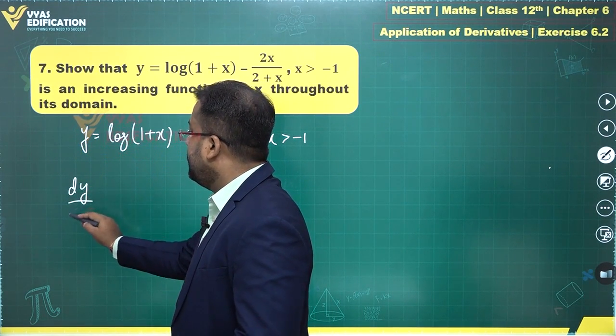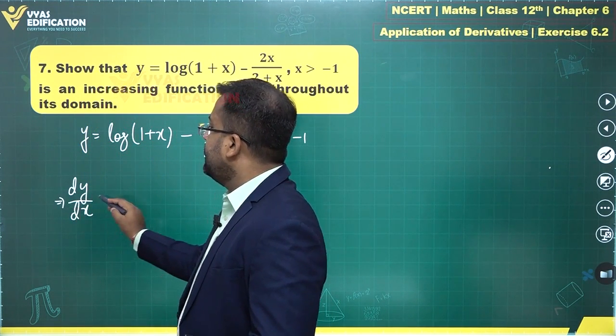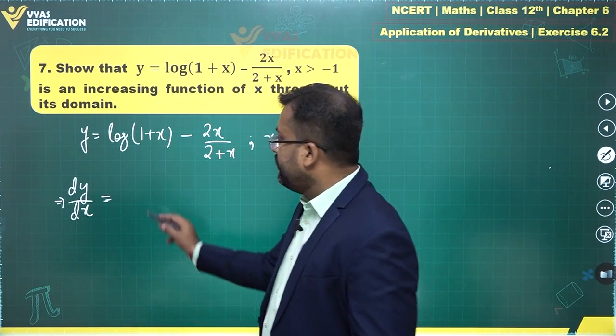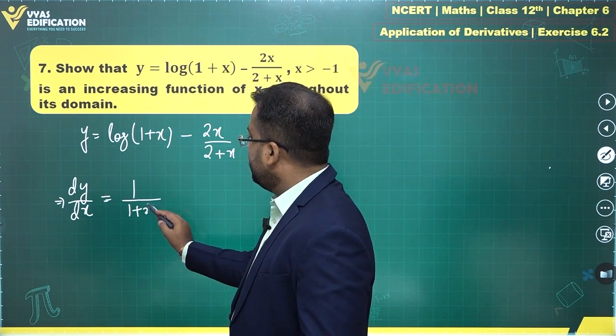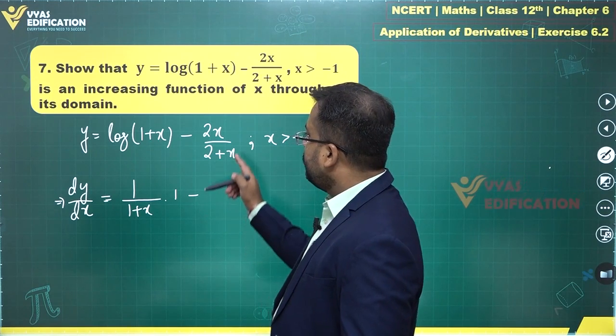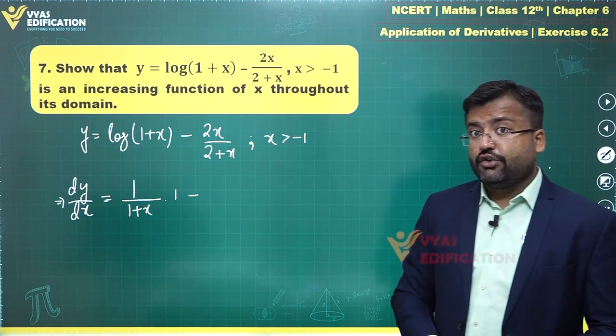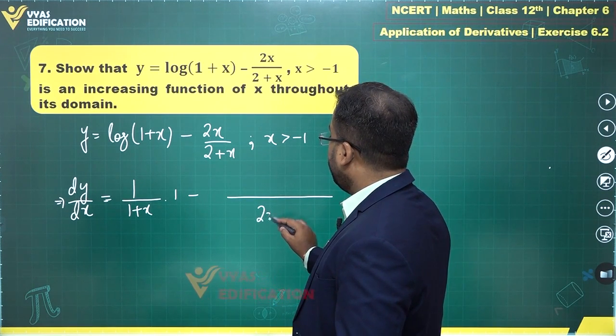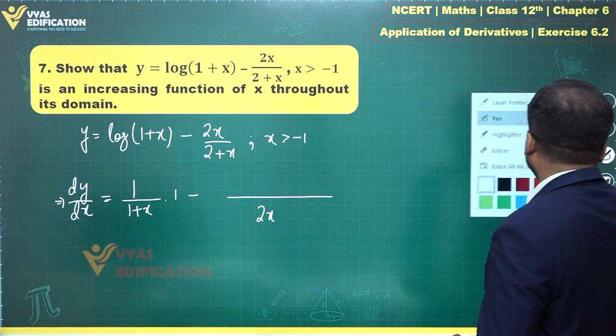dy by dx is equal to, the derivative of log something is 1 upon that, 1 upon (1 plus x), and the derivative of 1 plus x is simply 1, chain rule, right? Minus, what about this? Here we'll need the quotient rule, and the quotient rule says denominator square.